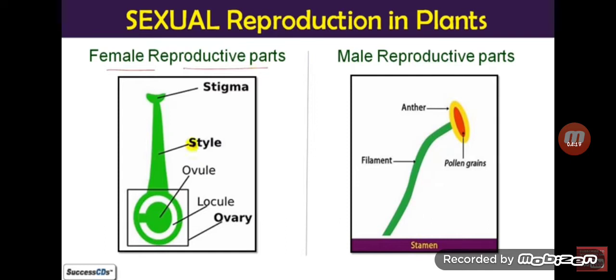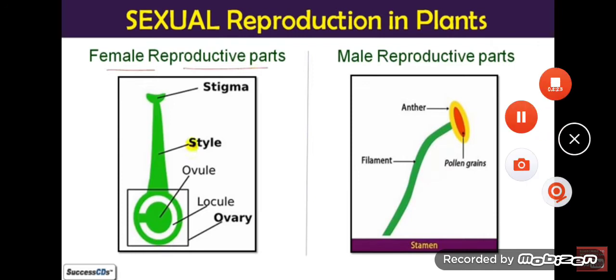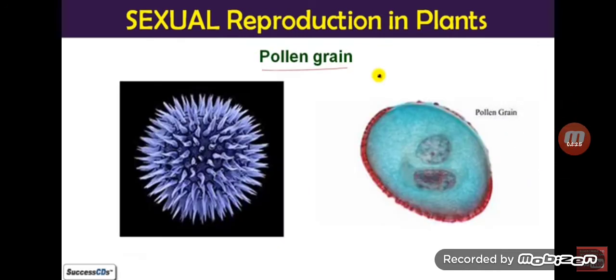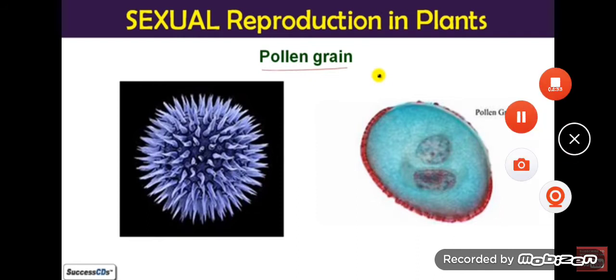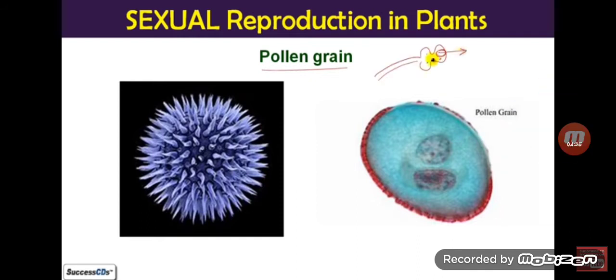Inside the anther remain the pollen grains. This is the picture of a pollen grain. It is present inside the anther of the stamen. The outermost portion of the pollen grain is known as exine, and the inner layer is known as intine.